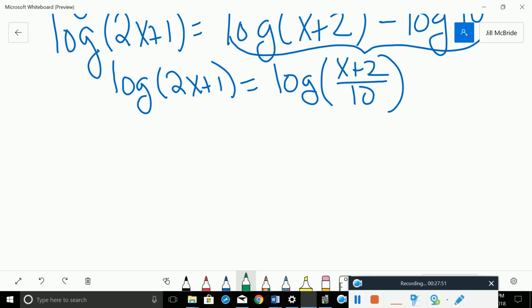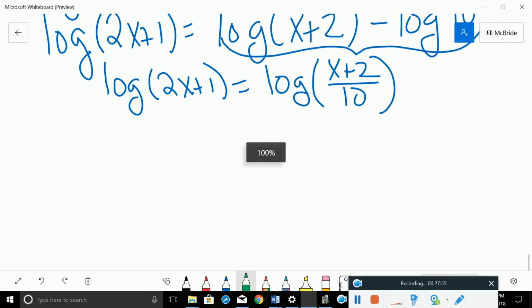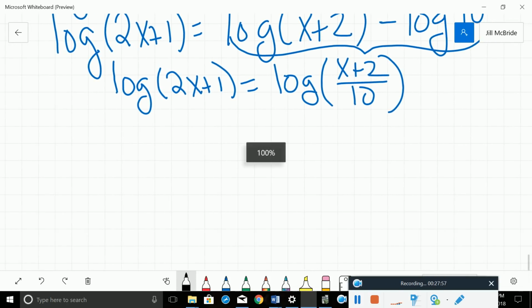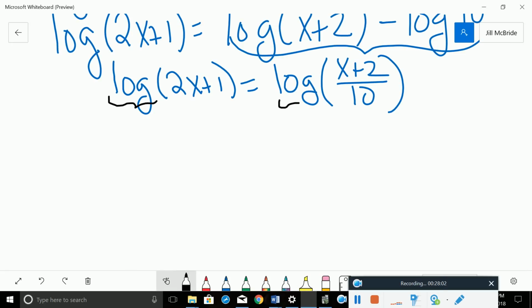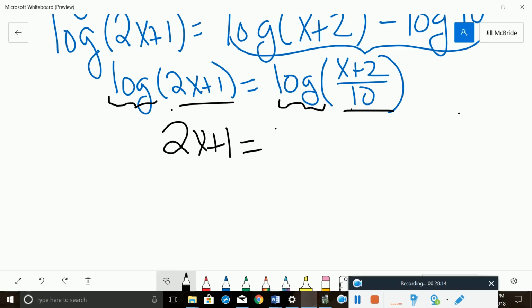Just like when we had common bases, when we have a single logarithm on either side, with common bases, if these 2 sides of the equation were to equal, the arguments have to equal each other. So 2x plus 1 has to equal x plus 2 over 10. And we have a simple algebraic equation to solve.